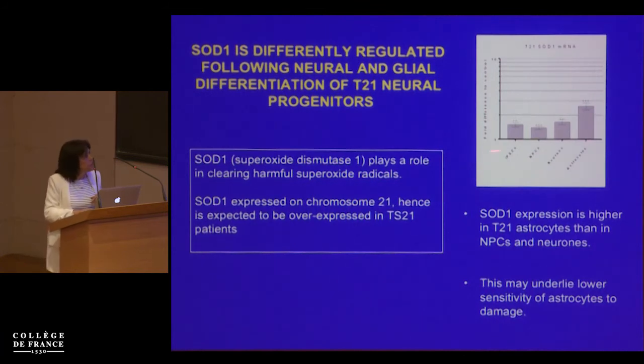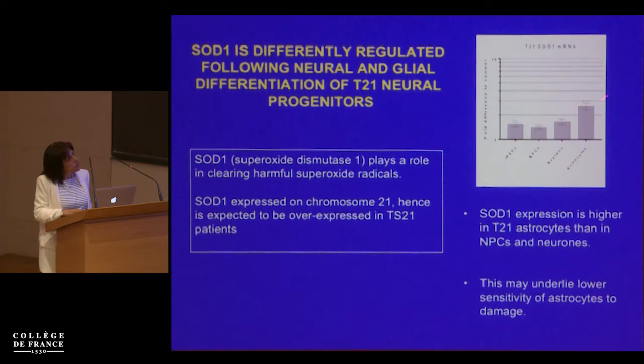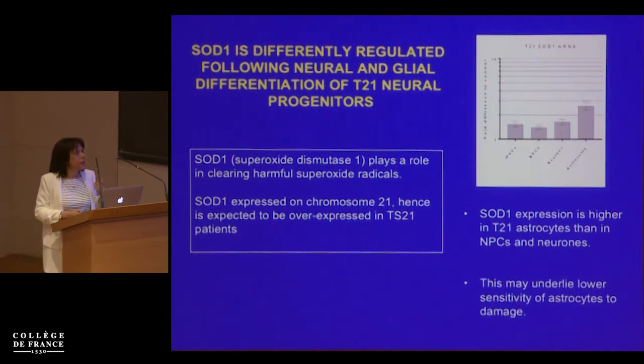So what we have here, if you can read, so we have that fundamentally in astrocyte, upon differentiation with astrocyte, SOD1, that is increased, so it's higher, because we have an extra chromosome in all the cells, so in the neural stem cells, neurons and neural progenitor, but it's higher, even higher in astrocyte.